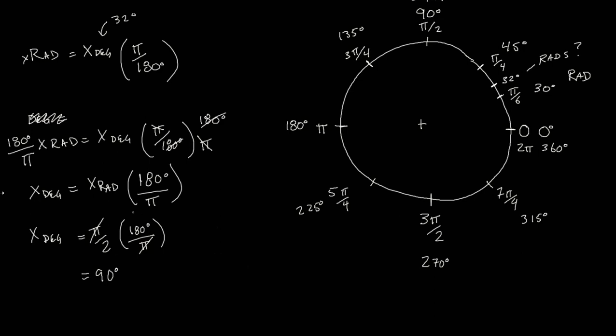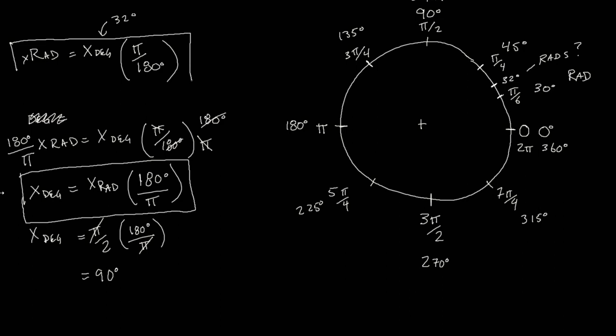So these are the formulas that you should know by heart. Maybe your calculator does this for you, but this is something you should really strive to understand. It makes your engineering life just better in all ways if you understand the unit circle.